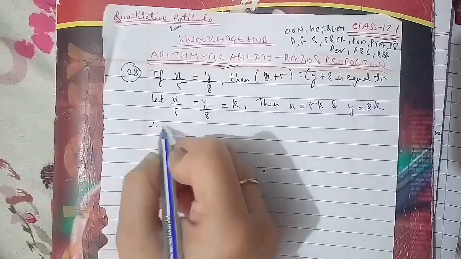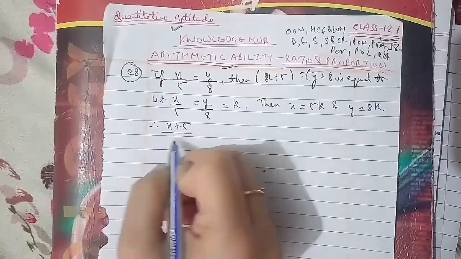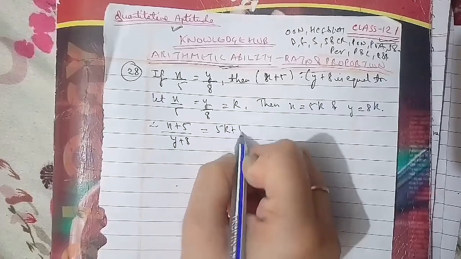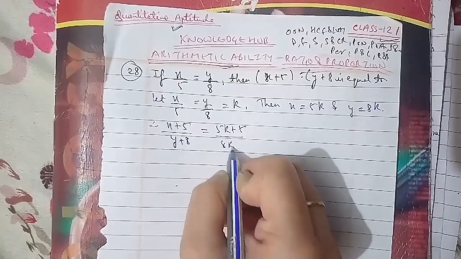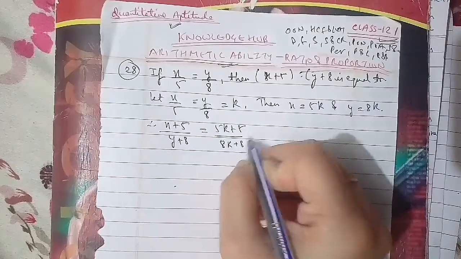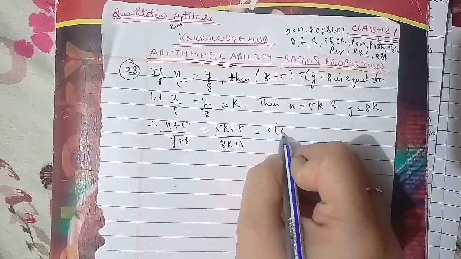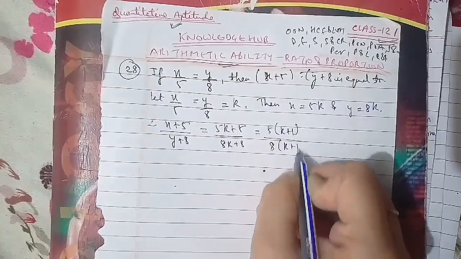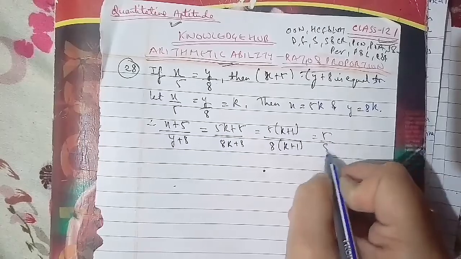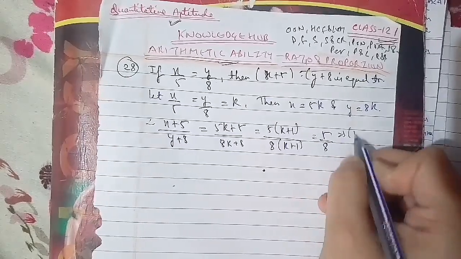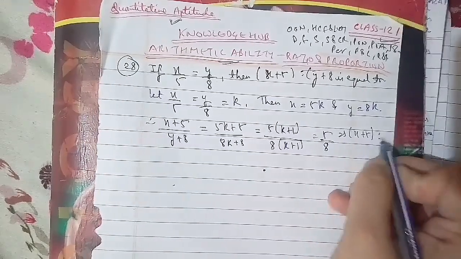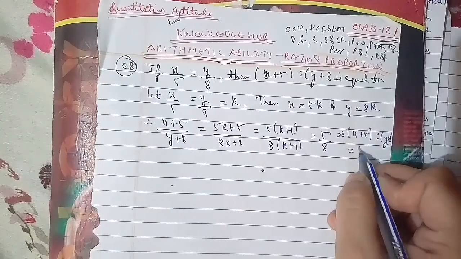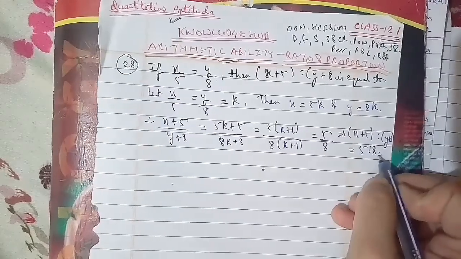So x plus 5 upon y plus 8 equals 5k plus 5 upon 8k plus 8, equals 5 times k plus 1 upon 8 times k plus 1, equals 5 upon 8. So x plus 5 ratio y plus 8 will give the ratio 5 ratio 8.